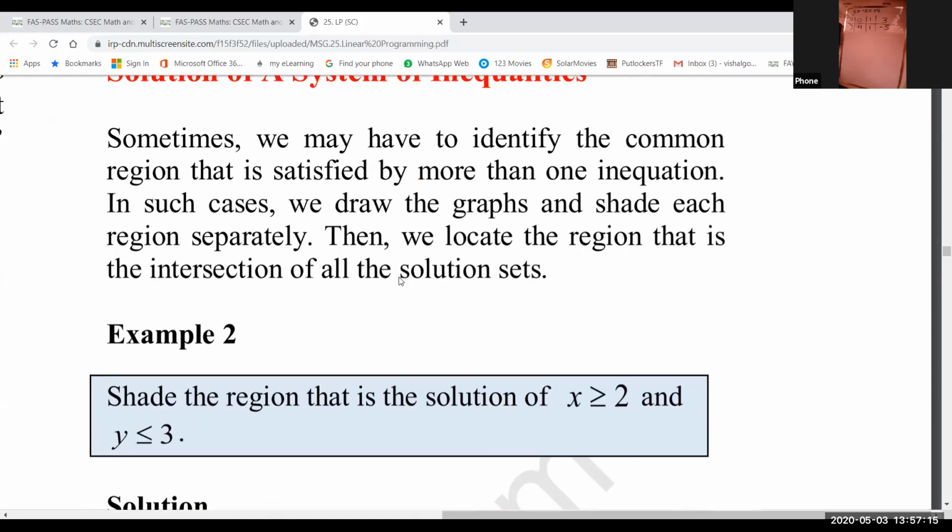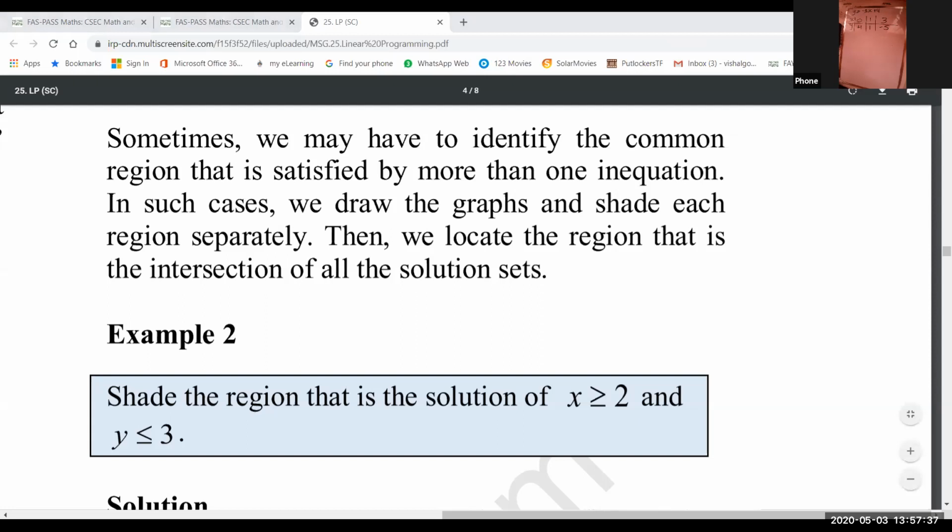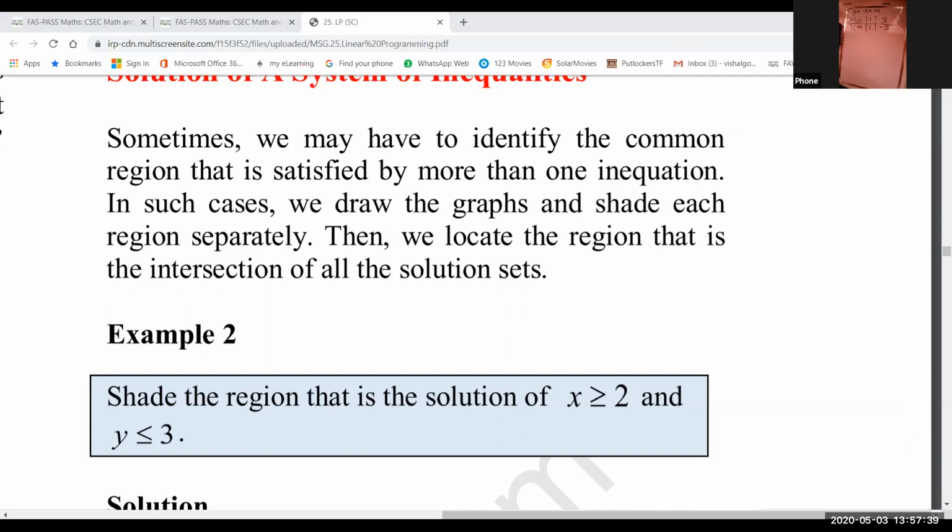So let's look at the region that is the solution of x is greater than or equal to 2 and y is less than or equal to 3. So let's see how we're doing this. Let me just go back to Microsoft Paint. Just give me 1 minute, right, people?